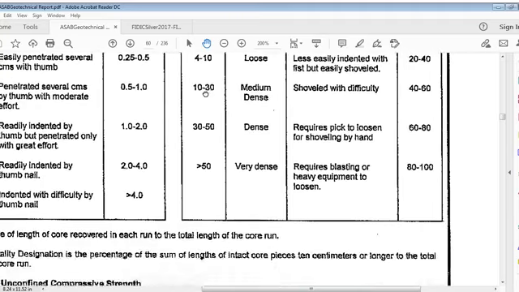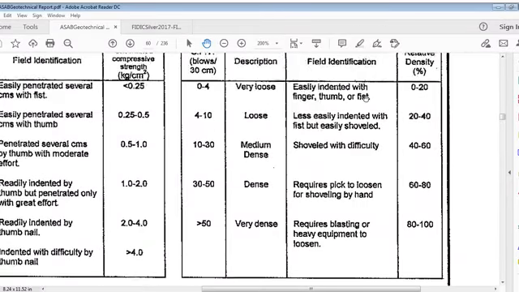Then 10 to 30 is medium dense, shoveled with difficulty, with relative density percentage 40 to 60.